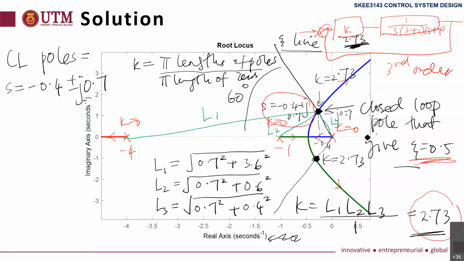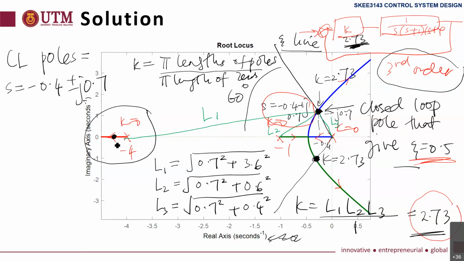And please remember, because this is a third order system, we will have another pole. Where is the other pole? The other pole is given by this root locus. It's here. Remember, it starts with K equal to 0.